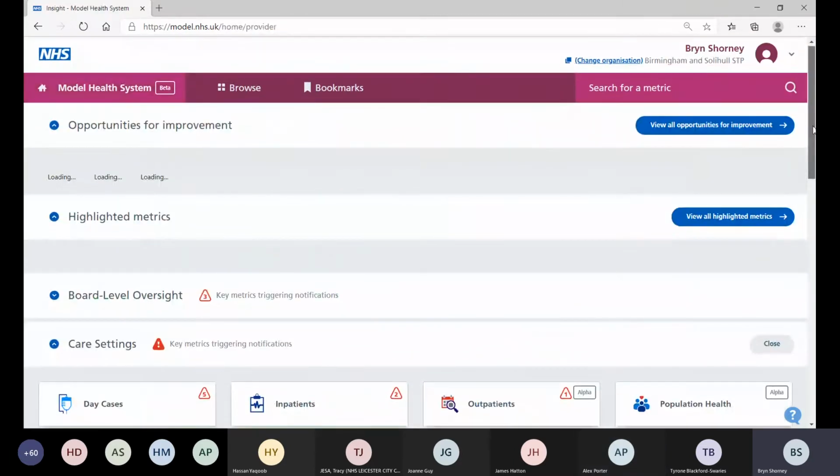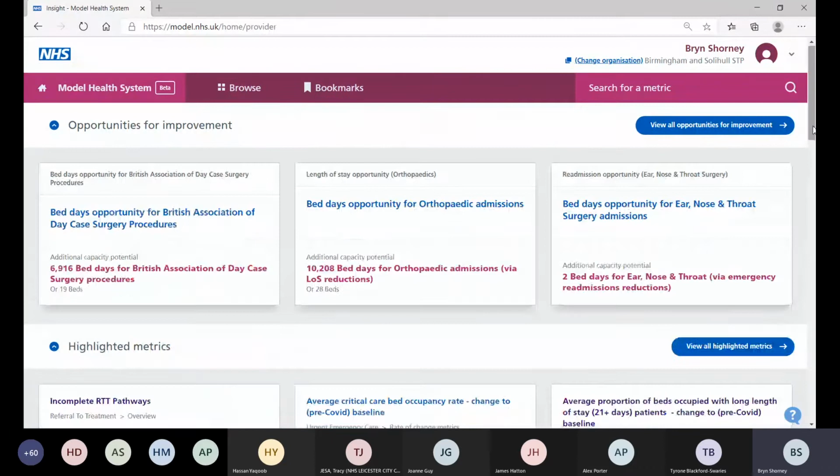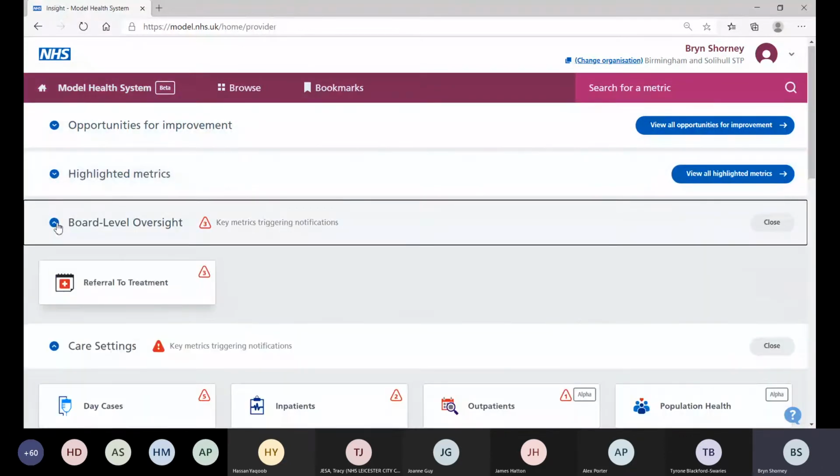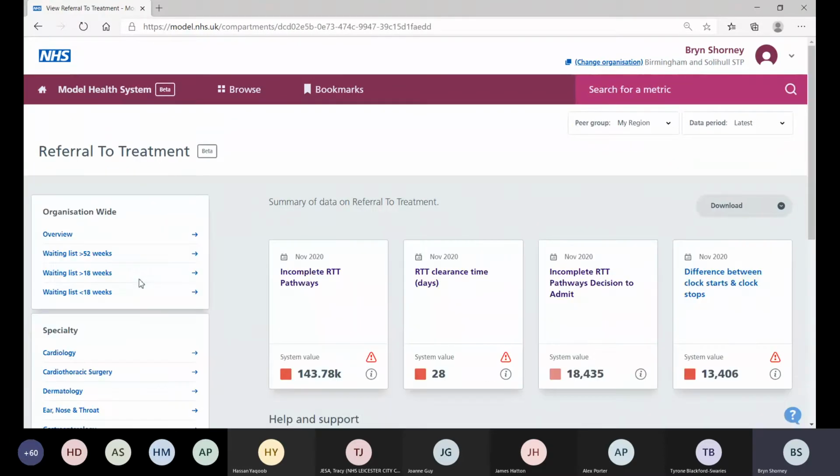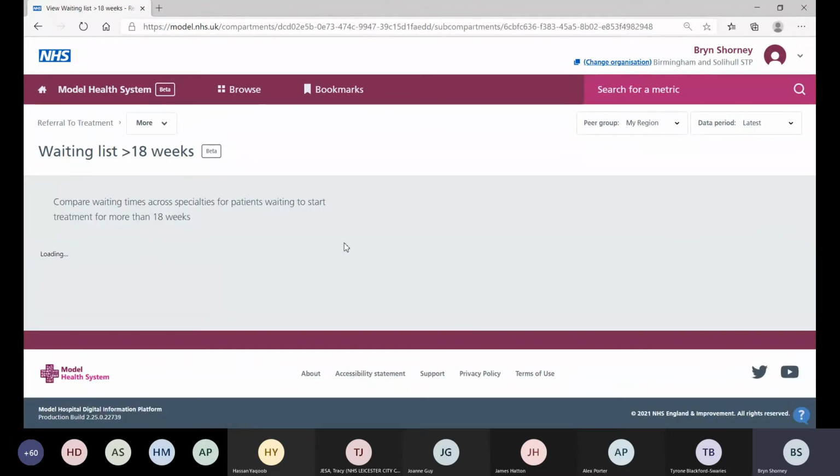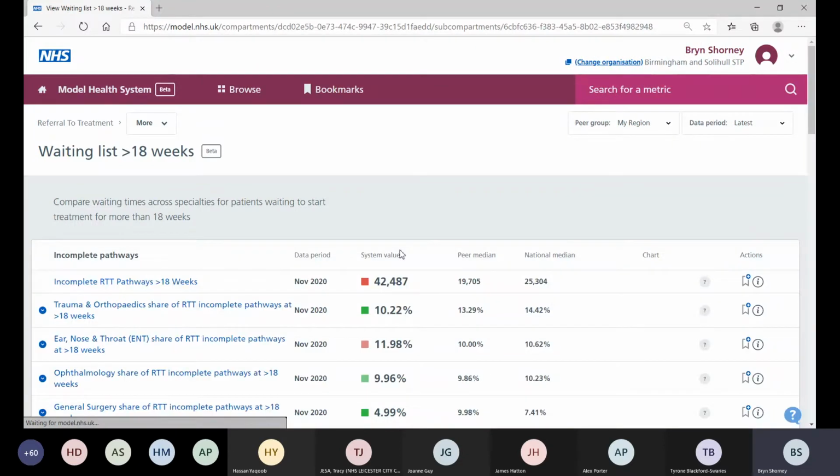So yeah, I'll just continue carrying on down through the sections. We've then got a board level oversight section. You can see here we've got a referral to treatment. I'll just quickly go into that, but I won't dwell on it. For example, here you can click on to see the 18 weeks performance.